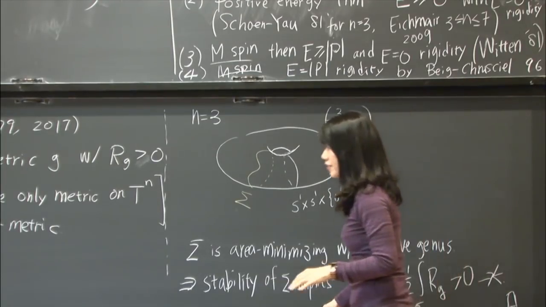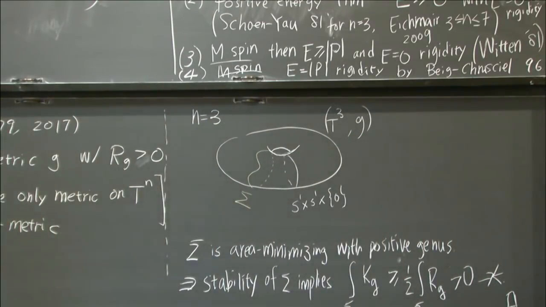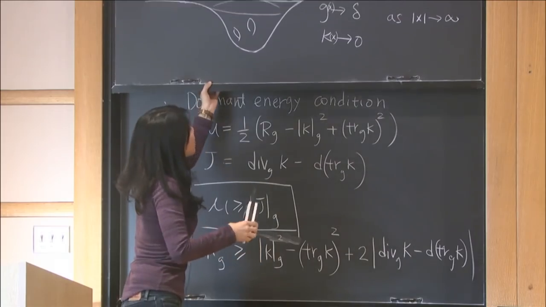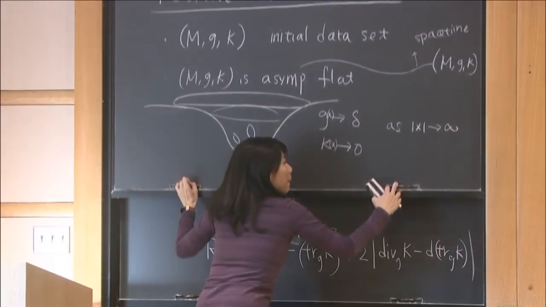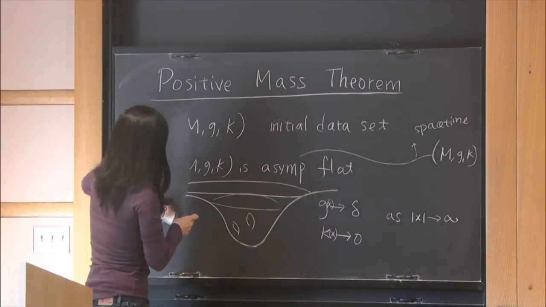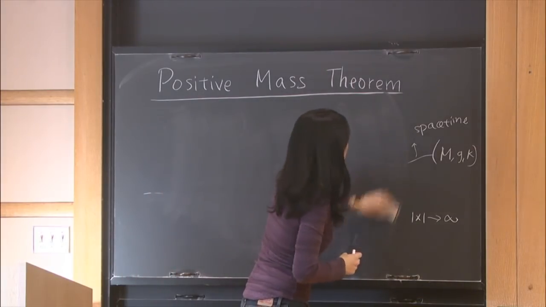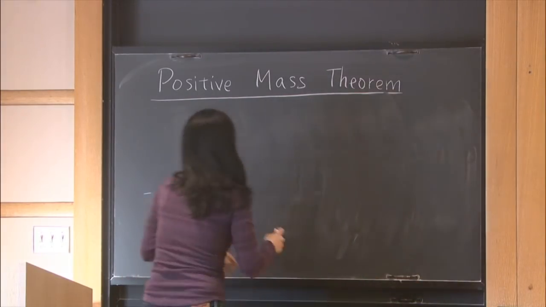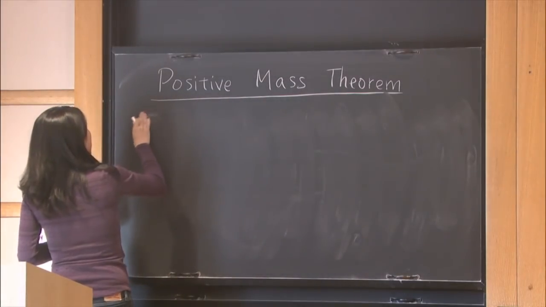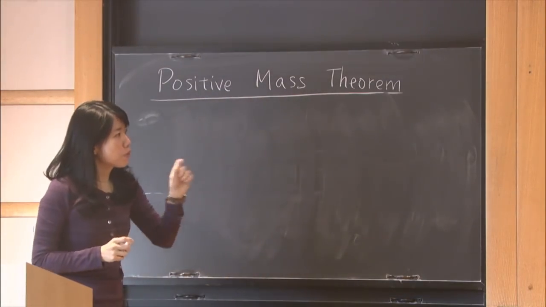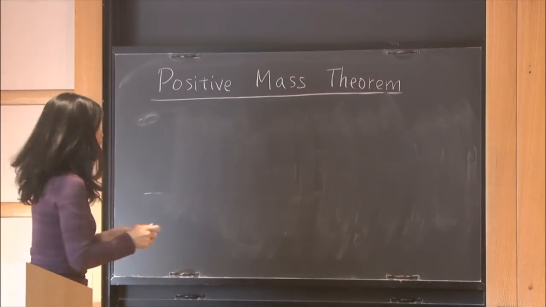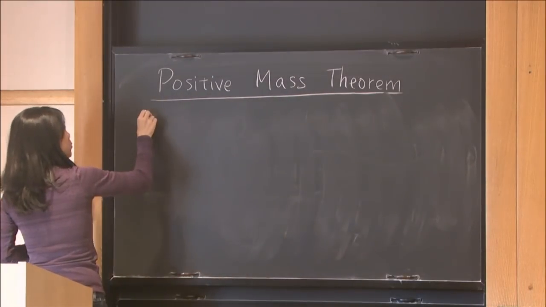Of course, there are also a lot of other important progress, but I'm not listing it here. So let me state our results. So the bottom line is we proved the positive mass conjecture in the low dimensional case, but it's in two different works.